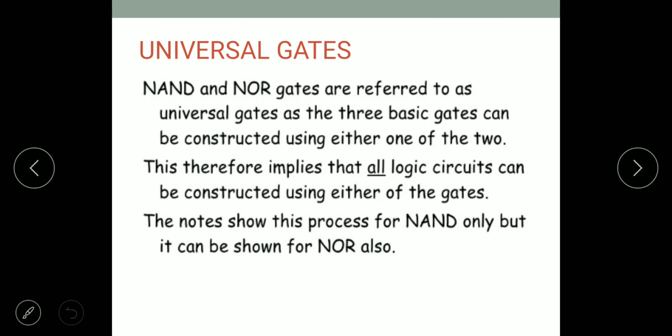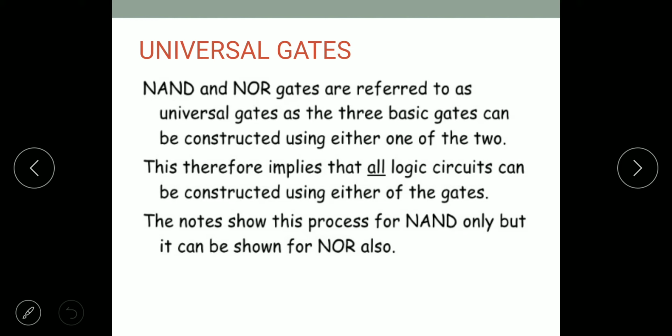Because by using one of the gates, either NOR gate or NAND gate, we can construct any other gate, like basic gates or derived gates.